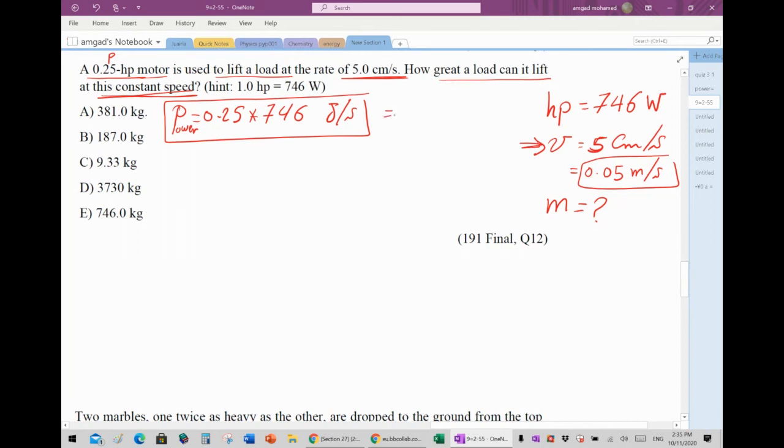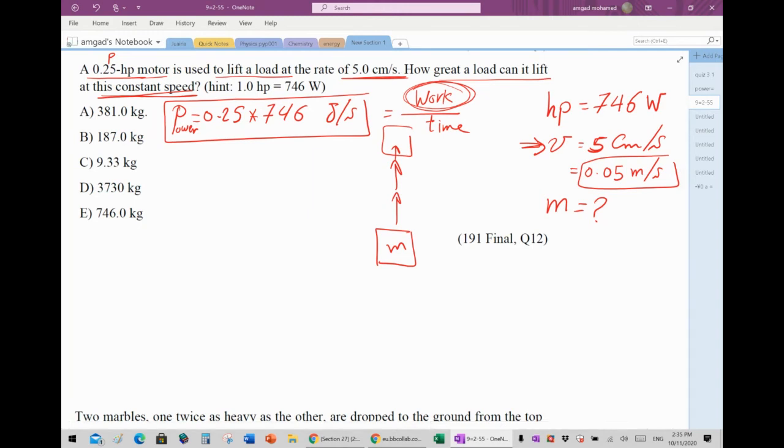The power equals what? The work divided by time, right? Power equals work over time, or energy over time. So here I need to know what is the work that you need to do. You need to lift a certain mass upward. What is the work done on a mass to lift it upward?